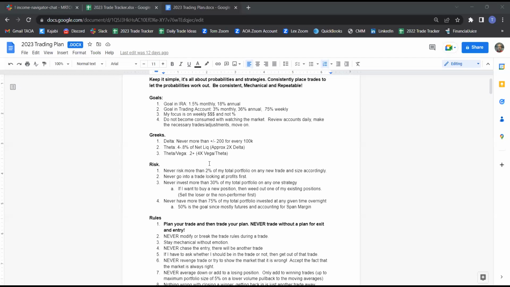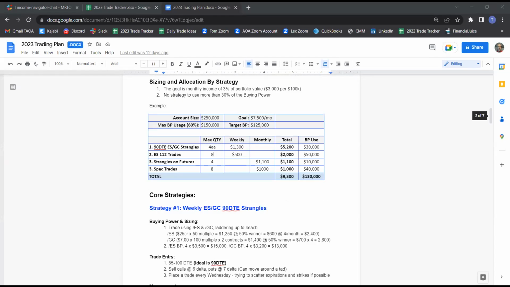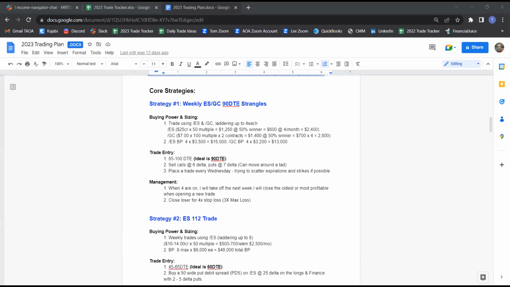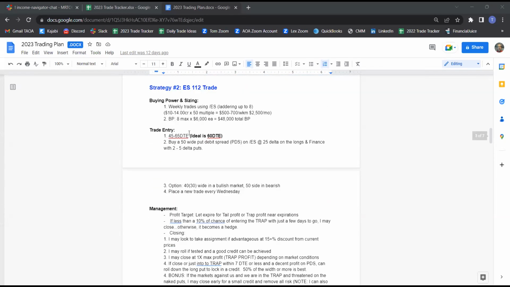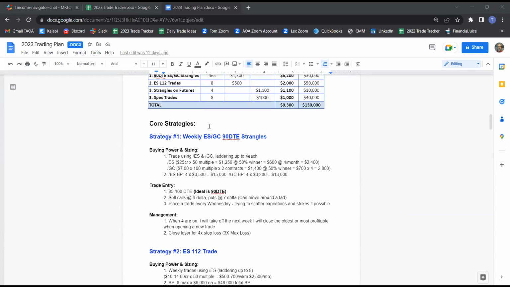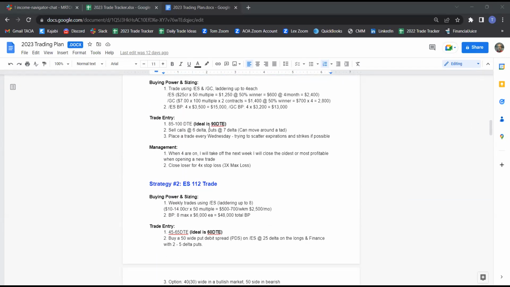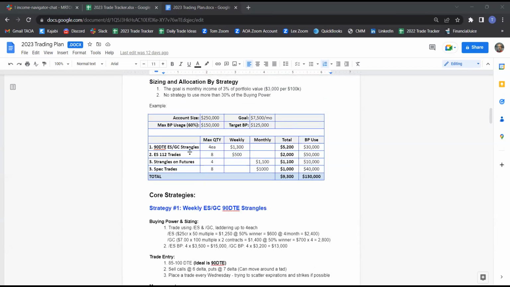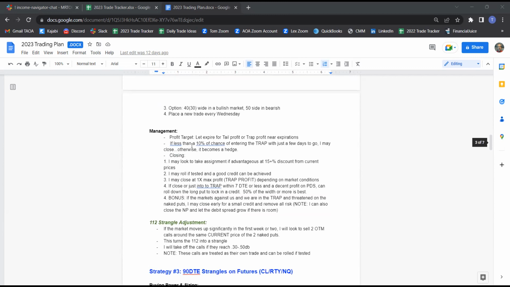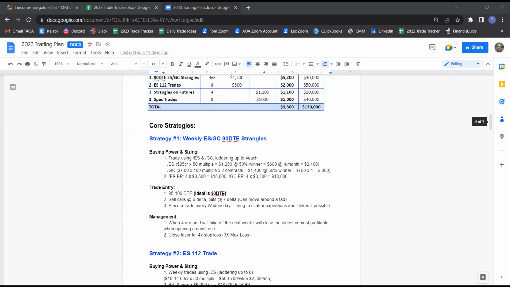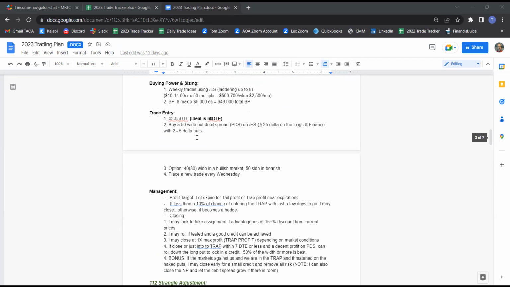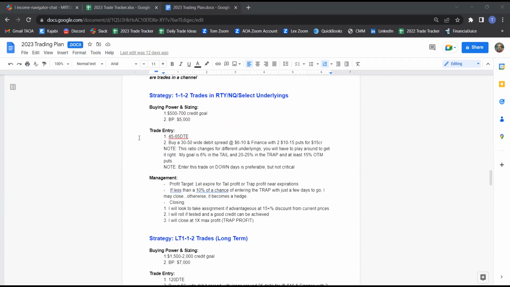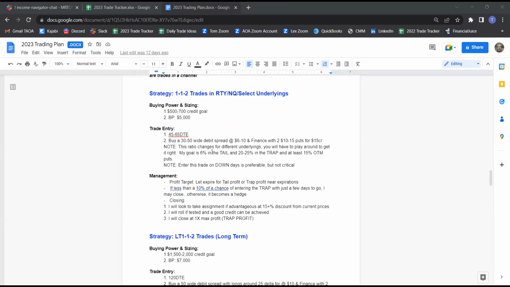On the trade plan, I did cut back on some of the ES use that I had. I went to these weekly strangles at 50 wide. I have the 112s, but I got rid of that 30 DTE and replaced it with a 90 DTE weekly because I just couldn't have too many more ES trades on. With the strangles and the 112s, it's a lot there. And then spec trades, 112s and any other underlyings.